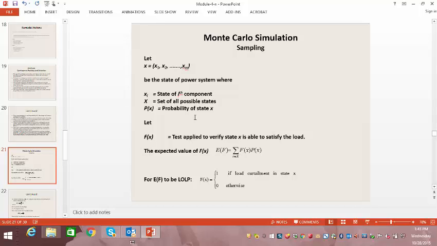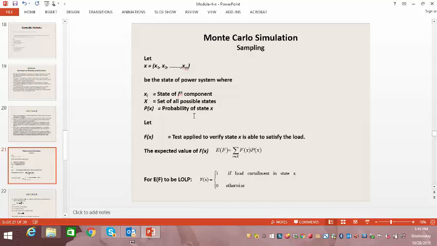The other method, which is most widely used in composite system reliability evaluation, is the Monte Carlo simulation. Monte Carlo simulation is of two kinds.